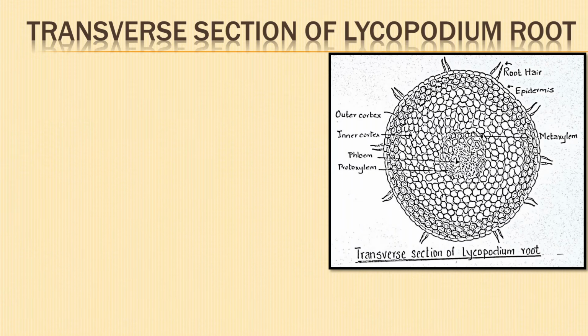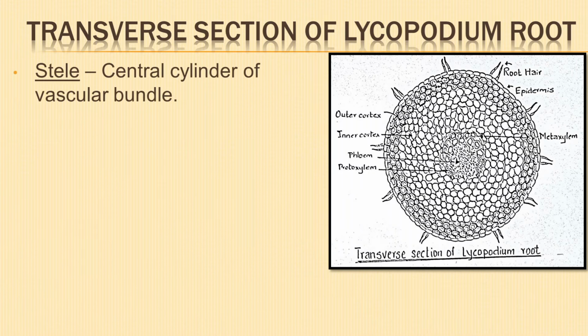Stele in general refers to the central cylinder of vascular tissue consisting of xylem, phloem, pericycle, sometimes along with medullary rays and pith.